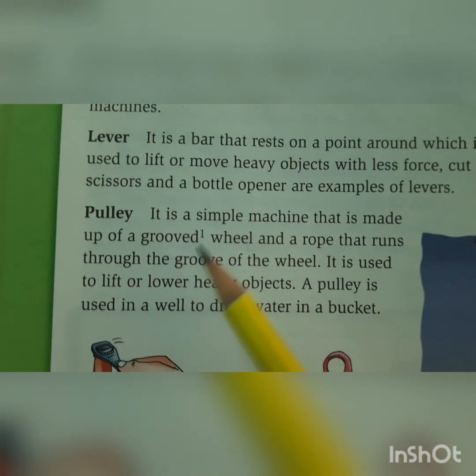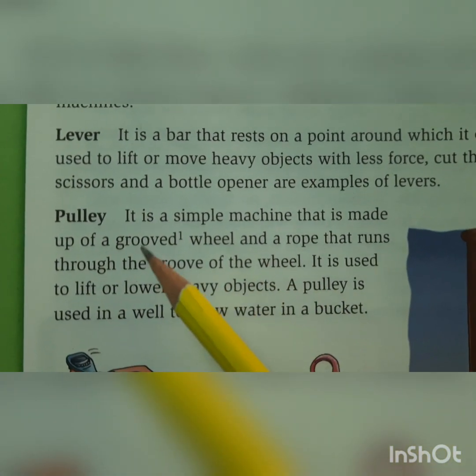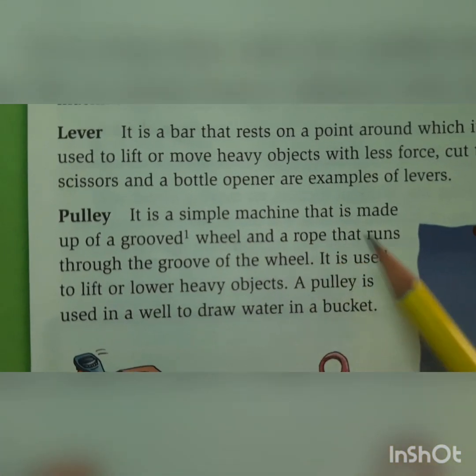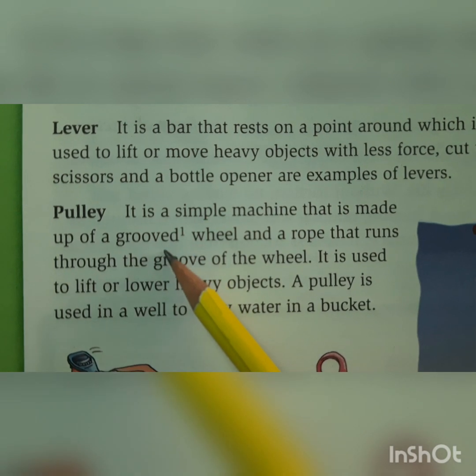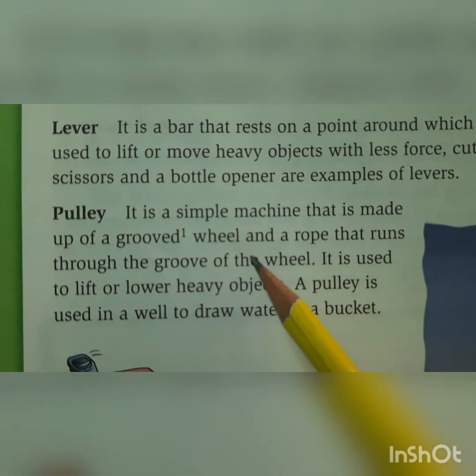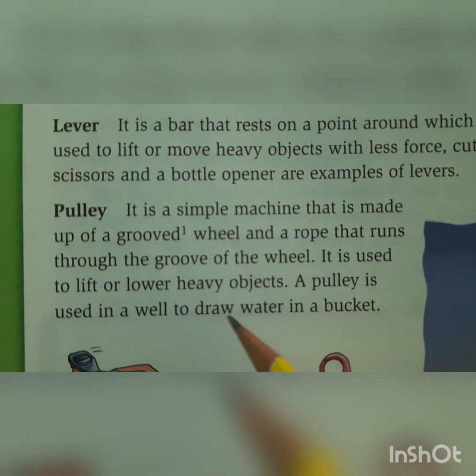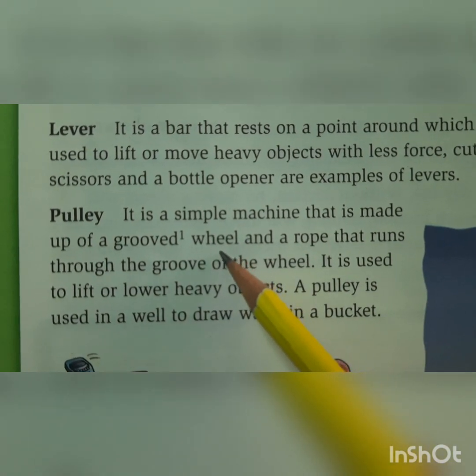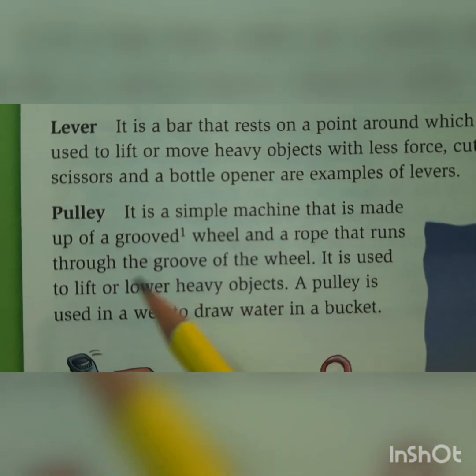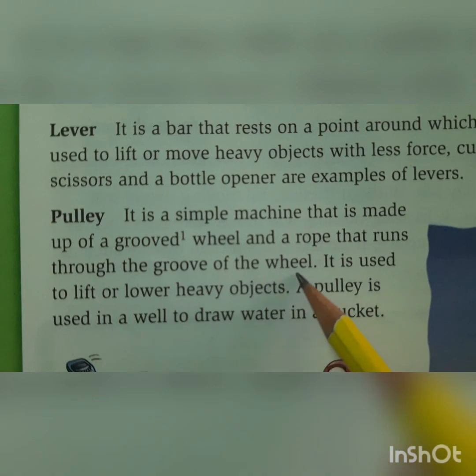So let's see what a pulley is. It is a simple machine that is made up of a grooved wheel, a narrow long round cutting, and a rope that runs through the groove of the wheel.